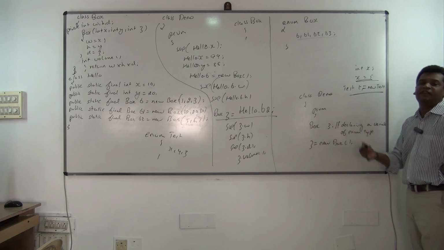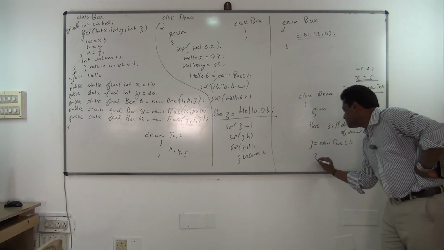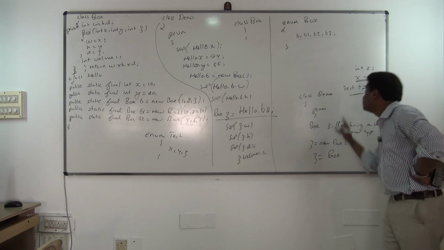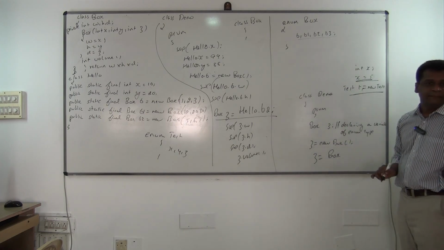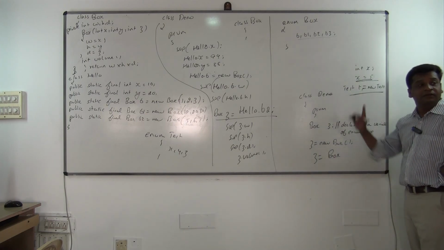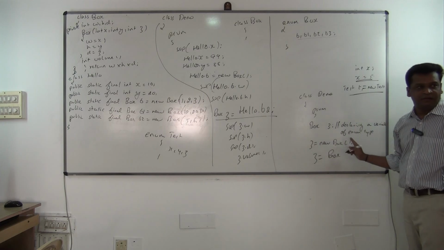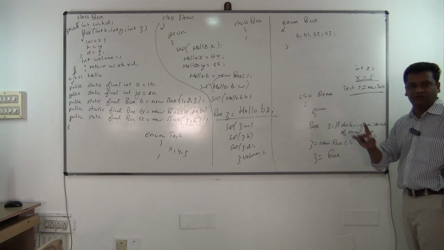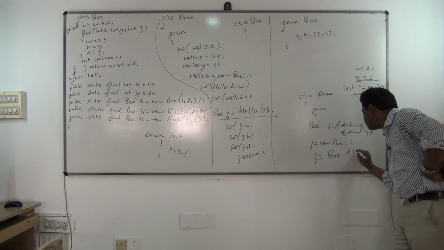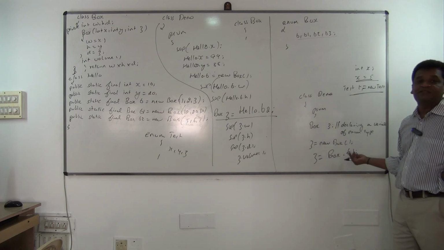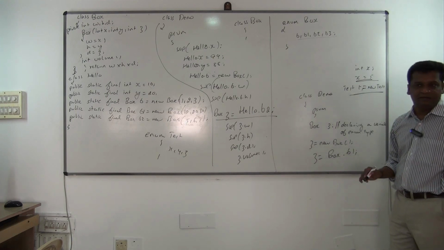Now how do you initialize the enum data type? Very simple. z is equal to any constant value from the enum. Understood? Either B1 or B2, that's your wish. Like this you give. Now z has the value of B1.